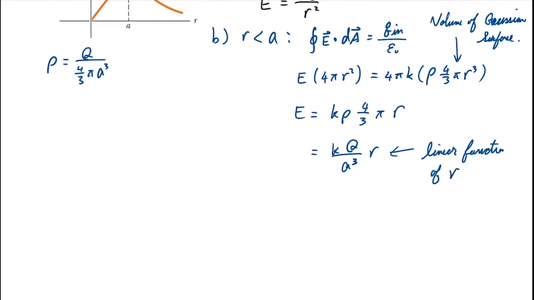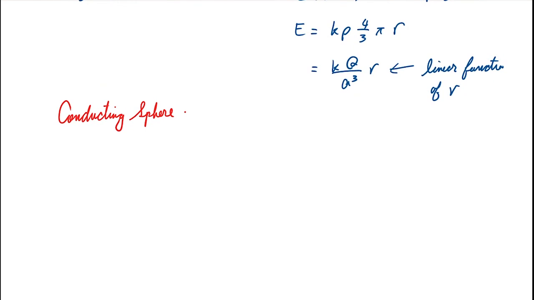Then what about a conductor? Conducting sphere. How does that change? And then I'm going to answer the question, why is electric field 0 inside a conductor?